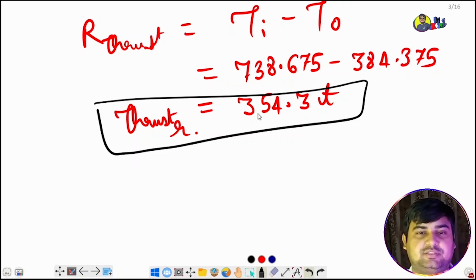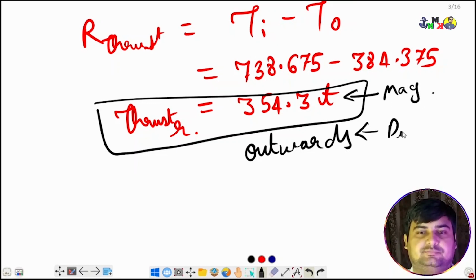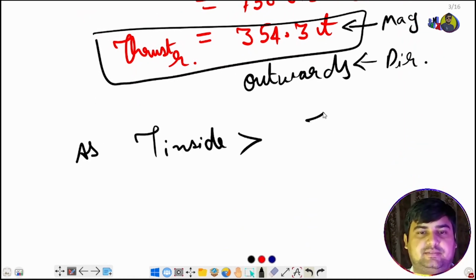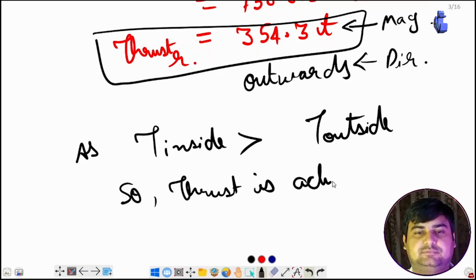So the thrust is 354.3 tons acting outwards. Okay, so this will be the magnitude and this will be the direction. And we can say as thrust inside is greater than thrust outside, so thrust is acting outwards.